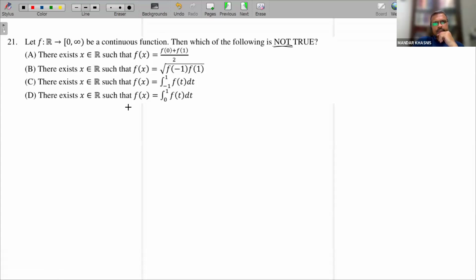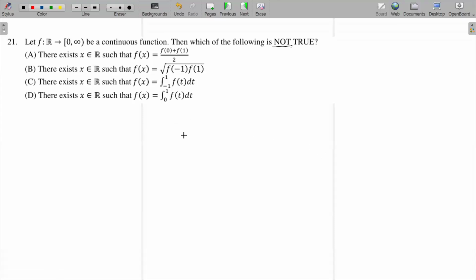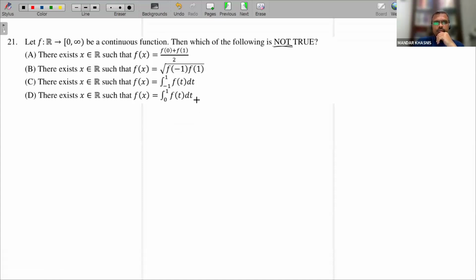Yeah, Riemann integrable is fine. So what do you mean by that? Why then is C not true? For C also Riemann integration can be used, no? Sir, C is not true because area can be negative in C.